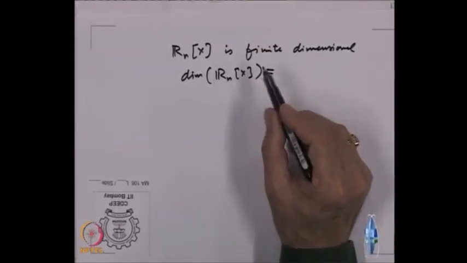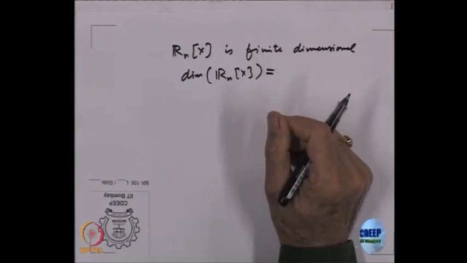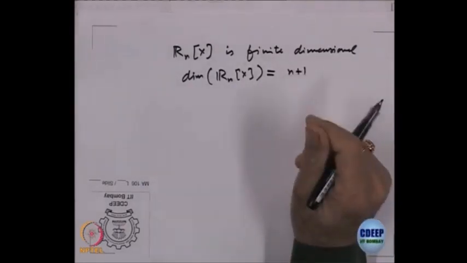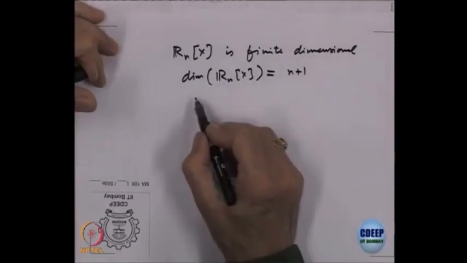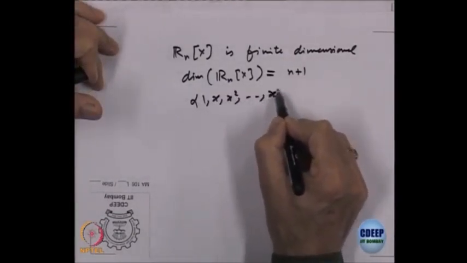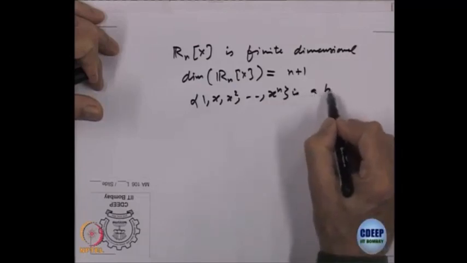For R 3, what was the generating set? 1, x, x square, x cube. How many were there? 4 of them, and they were linearly independent. So, polynomials of degree less than or equal to 3 form a finitely generated vector space of dimension 4. So, this is of dimension n plus 1. What will be a basis? 1, x, x square, up to x to the power n is a basis.